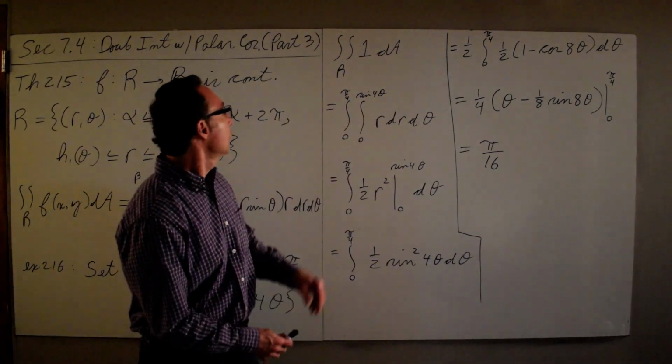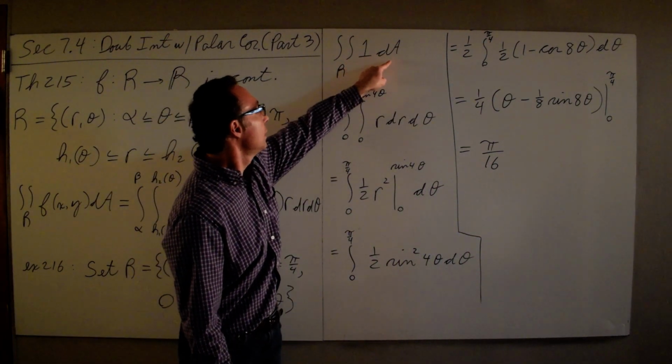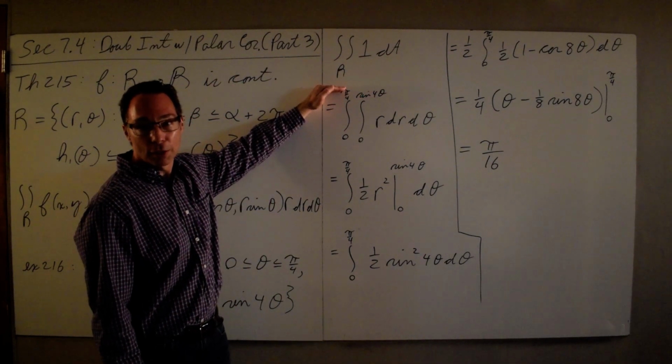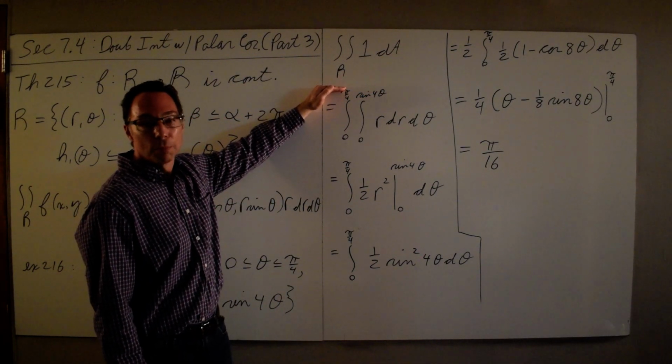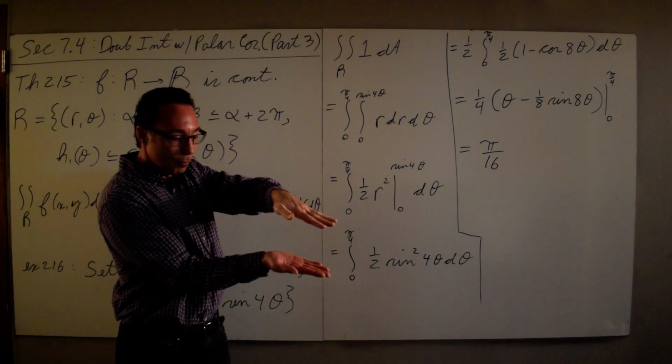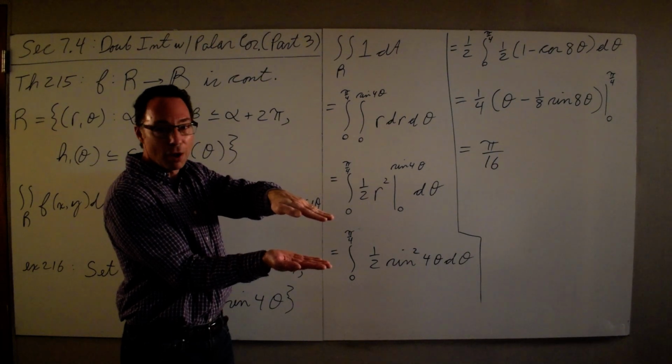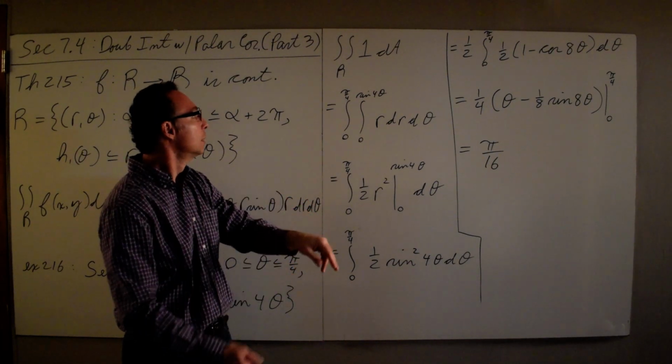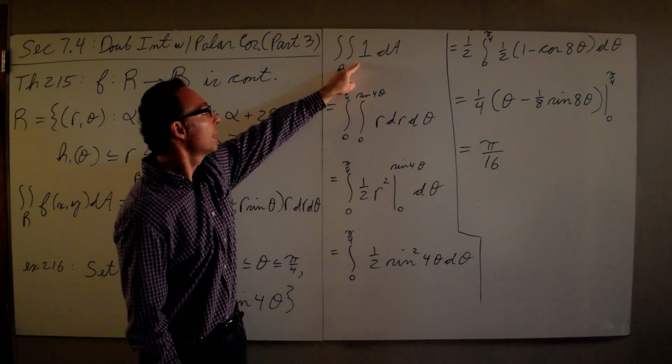We're going to integrate over that region 1 dA. I've explained why we're integrating the constant function 1: the area of the region that we want and the volume of the region with that base and height 1 are the same.